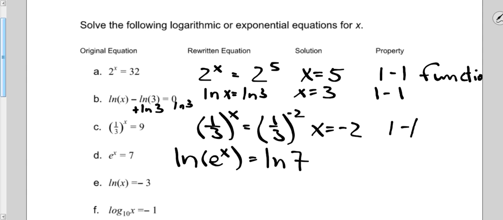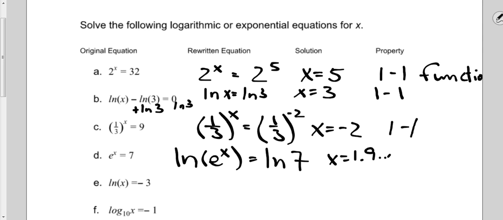So, what's my solution? What is natural log of 7? For those of us with calculators, 1.5 something? 1.9 something. Thank you. 1.9 and so on.